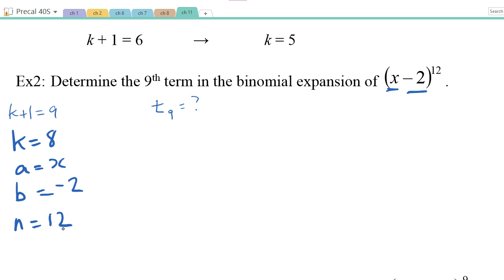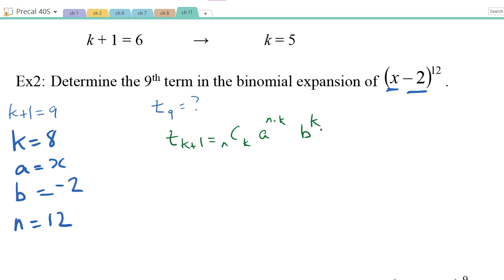Okay, so using our formula here, we're going to say T of k plus 1 is equal to, I'll just write it out the first time, n c k of a to the power of n minus k and b to the power of k.